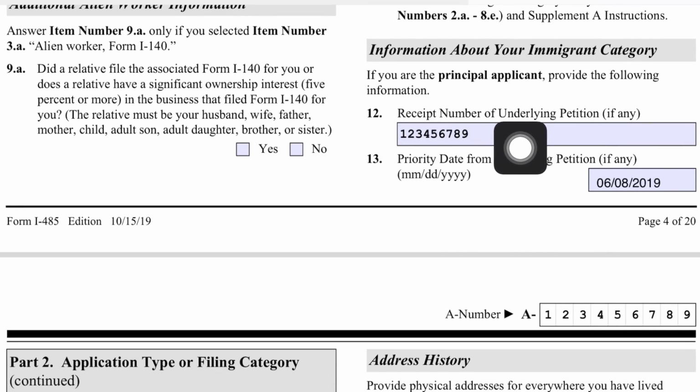So receipt number of underlying petition, if any. This will be your receipt number, which you can find in your NOA 1, and it will start with WAC. That will be your receipt number. And then the priority date from underlying petition. The priority date is the receipt date, so put your date right there.